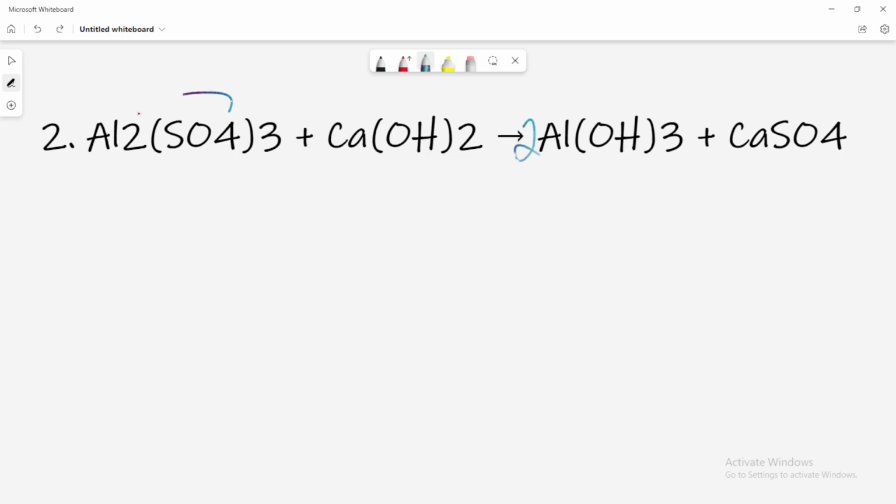So next is going to be a parentheses equation. What you're going to have to do is multiply the subscript on the outside with the inside. So 3 times 1 S, that makes it 3.